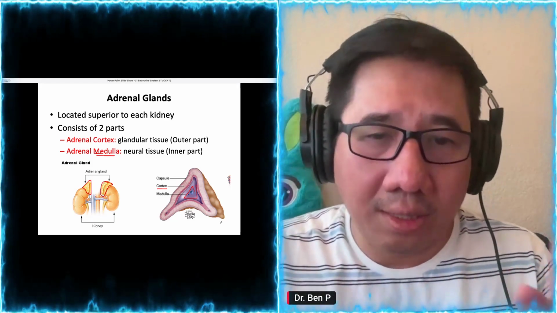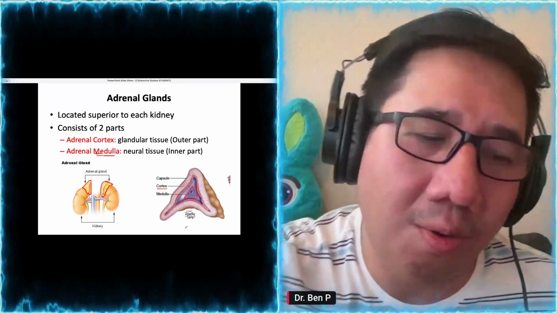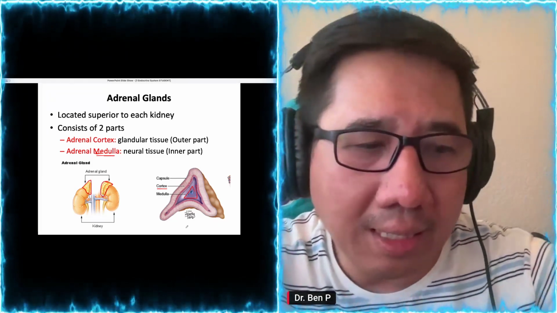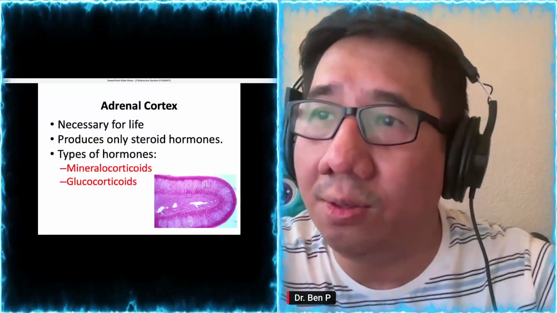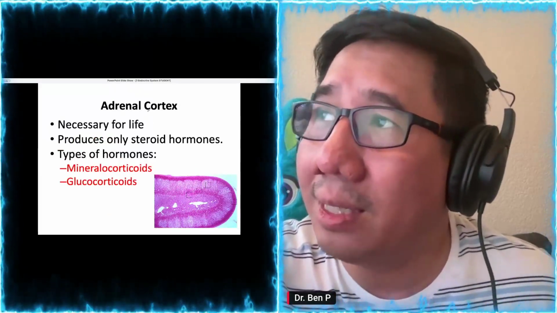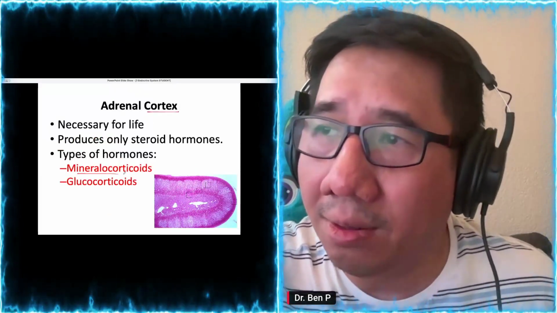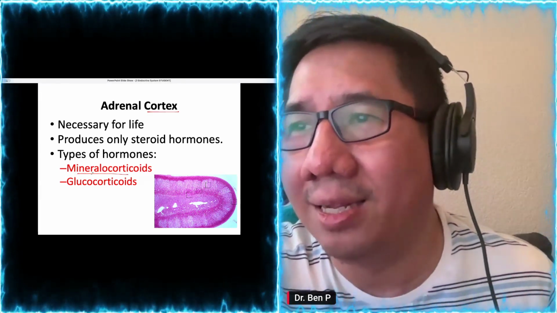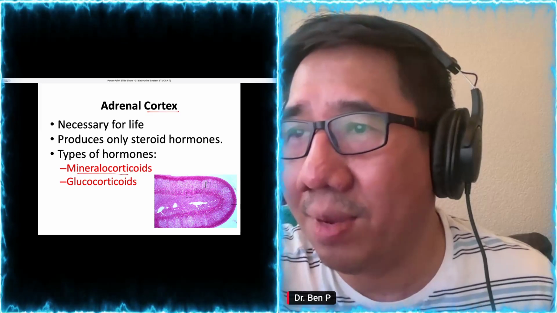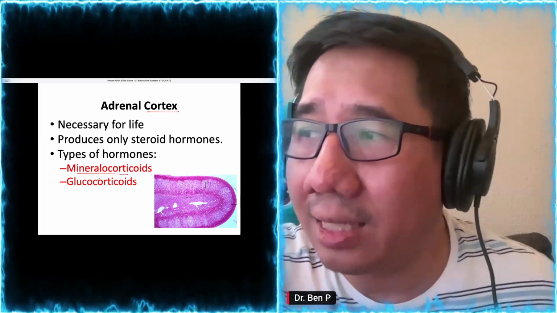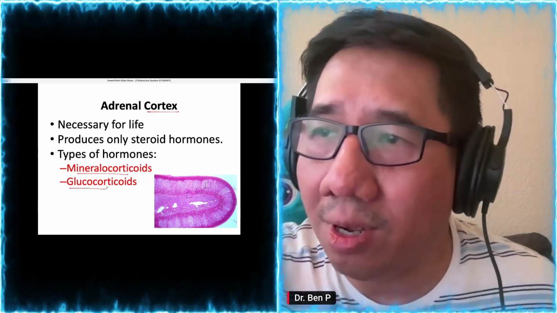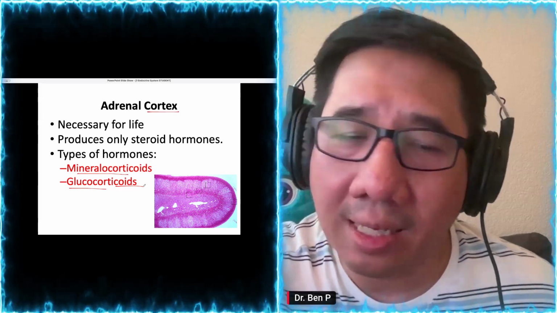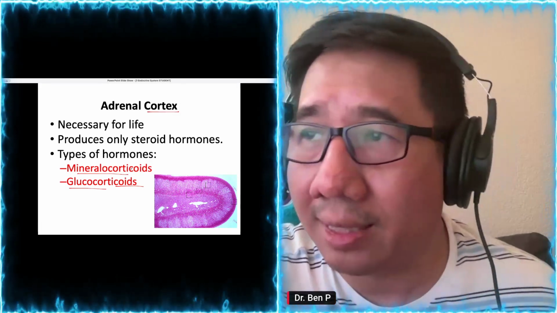Okay, so remember that because you need to know which hormones come from the cortex and which come from the medulla. The ones from the cortex are called mineralocorticoid, okay, corticoid, that's from the cortex, and glucocorticoid. Those also come from the cortex as well.